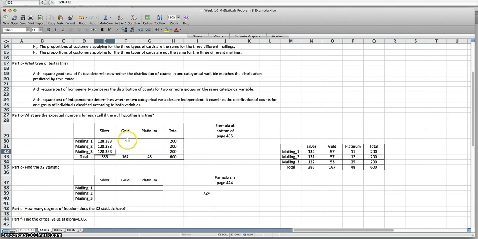128.333. For the gold, again, our formula equals, in parentheses, our row times column, close parentheses, divided by total, enter. So this column is going to be 55.667.